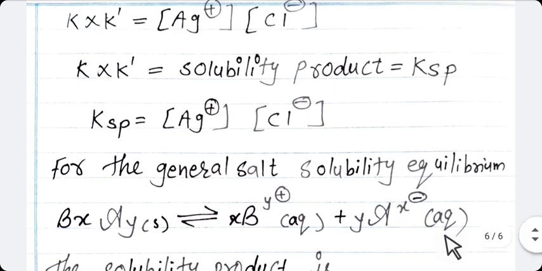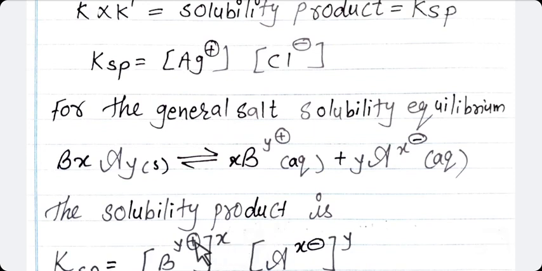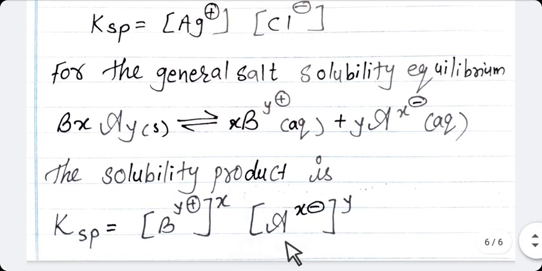The solubility product for this general salt is Ksp equal to the concentration of B Y plus raised to X times the concentration of A X minus raised to Y. It is the formula for general salt solubility equilibrium.